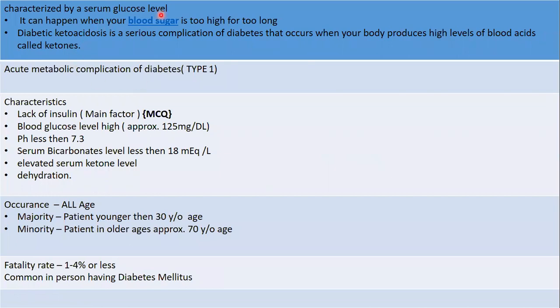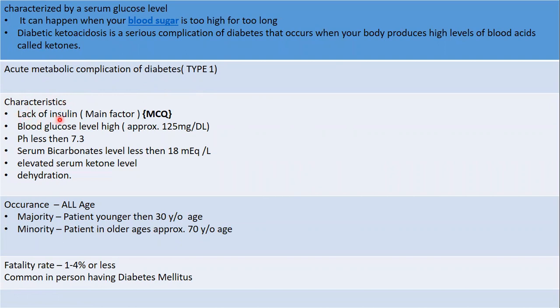So either due to the blood sugar level or due to the high blood acids or ketones level. As we have already discussed, diabetic ketoacidosis is the main result of type 1 diabetes, that is diabetes mellitus.